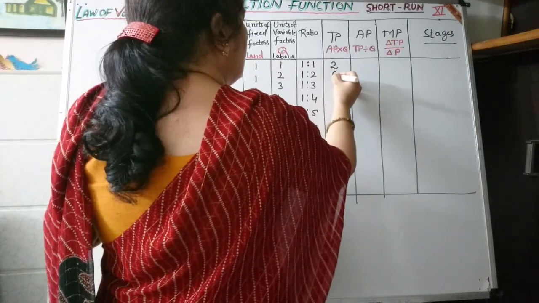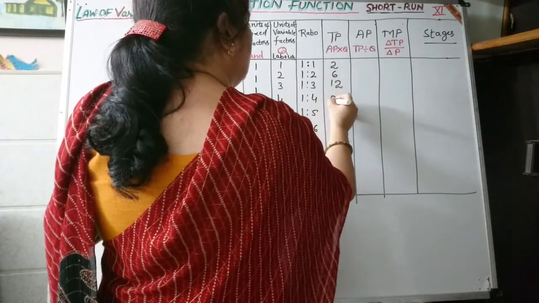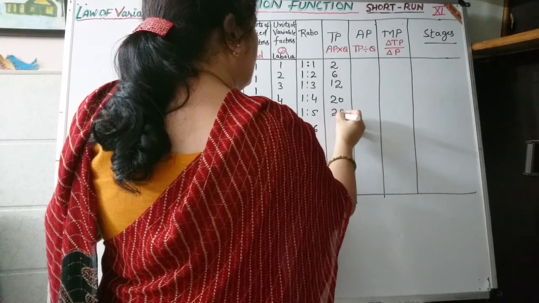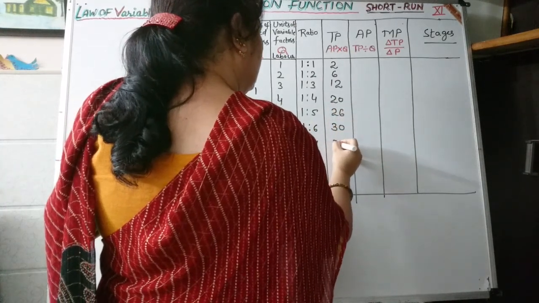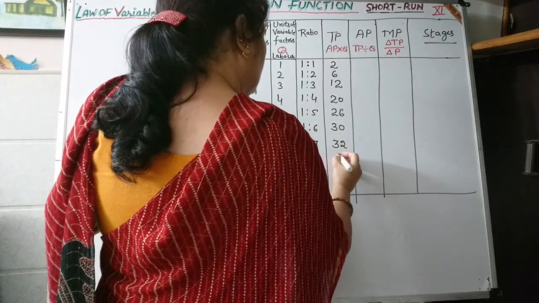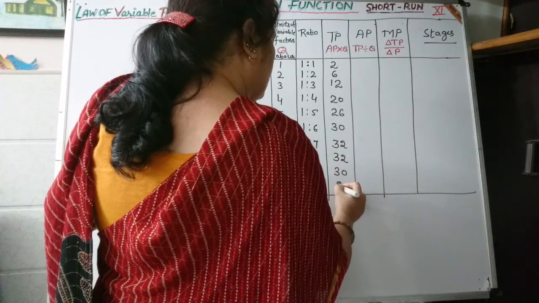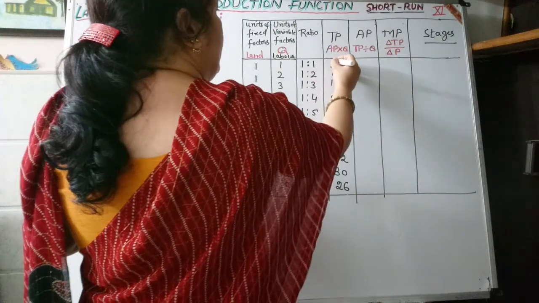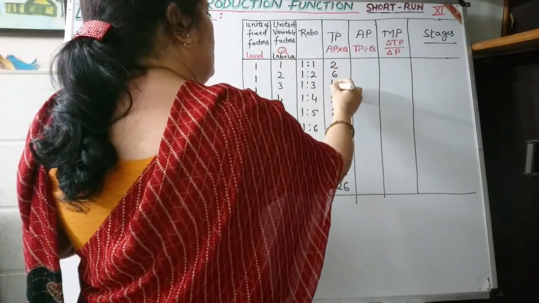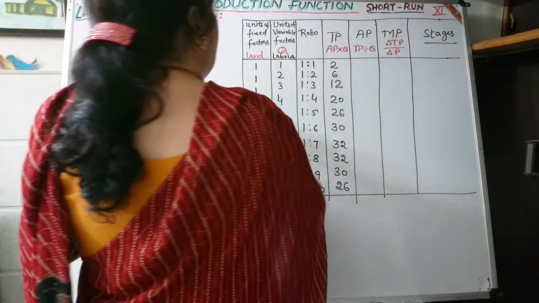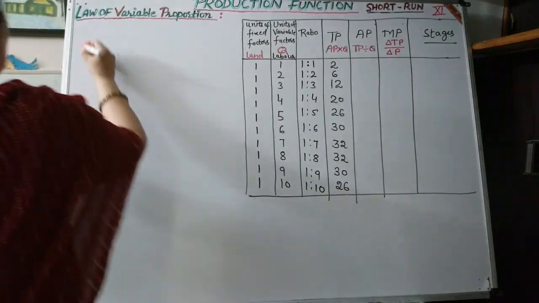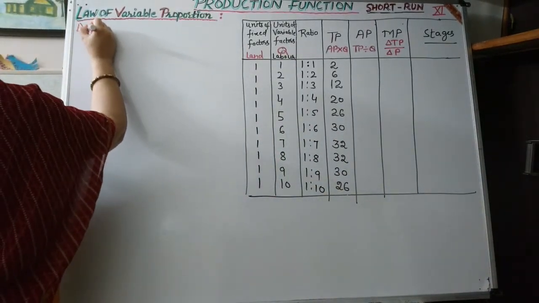Total production: 2, 6, 12, 20, 26, 30, 32, 32, 30 and then 26. This increasing or diminishing order represents the definition of law of variable proportion.